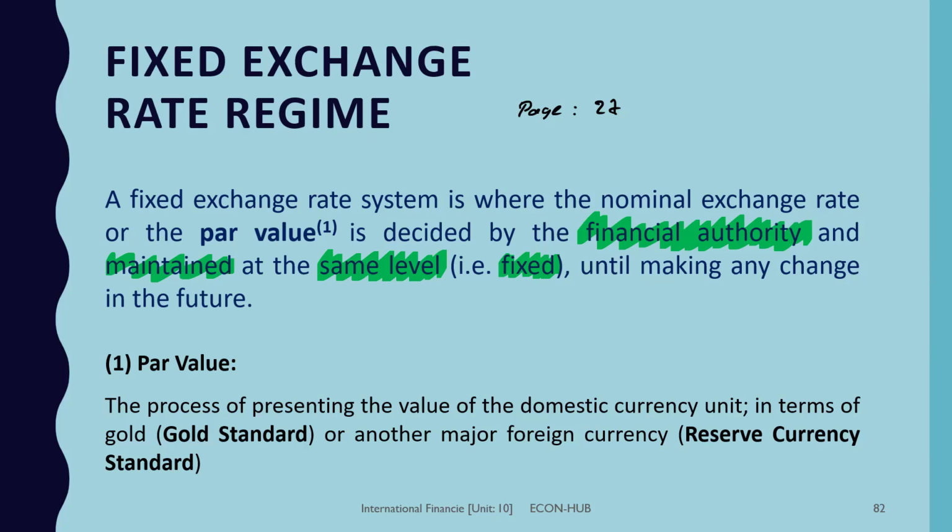You can't have that value of gold, and every time you issue a currency, you can't match its value with gold. So today, the value of one currency is given in terms of another currency. The earlier system was called the gold standard; now we call it the reserve currency standard.